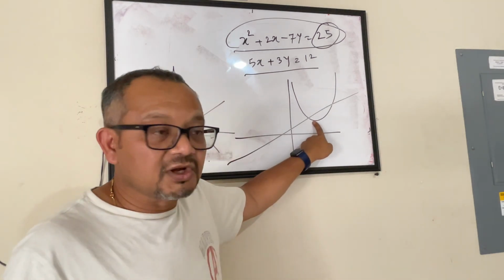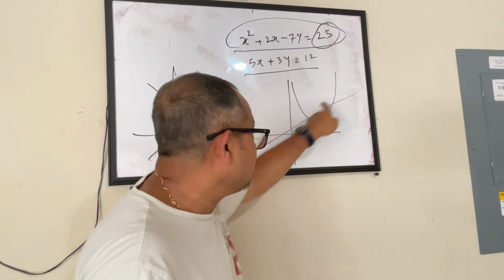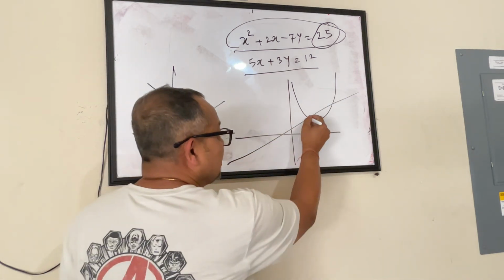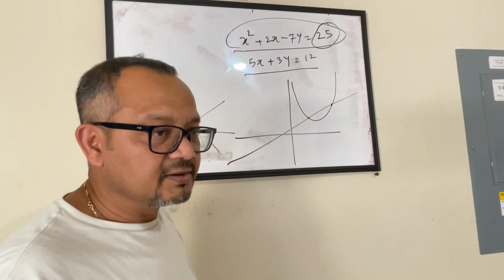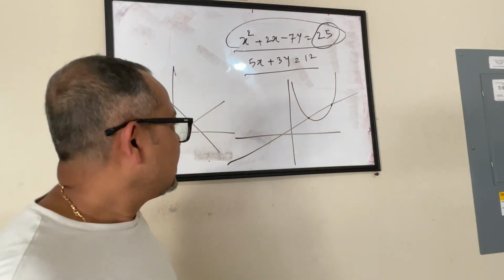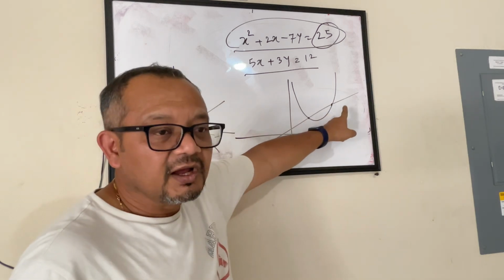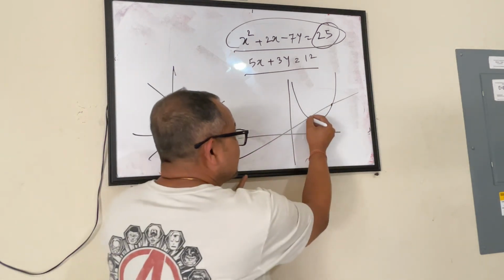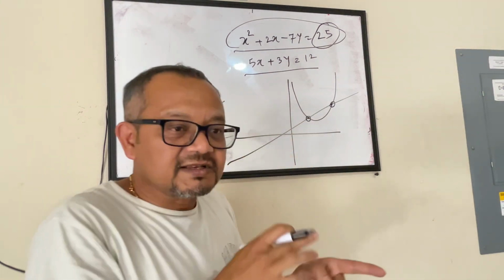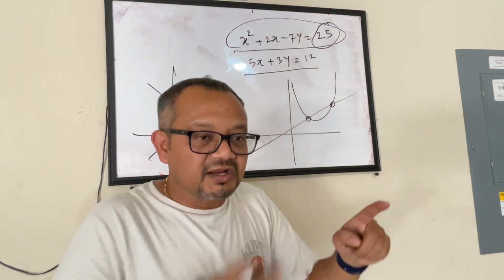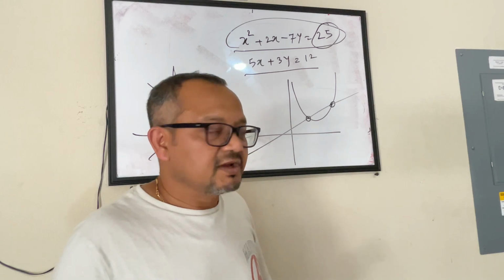Here I have a parabola, meaning a quadratic equation, and a linear equation. It might meet at two places, so it will give you two possible answers. Those answers will be the points where this line and this parabola intersect each other.